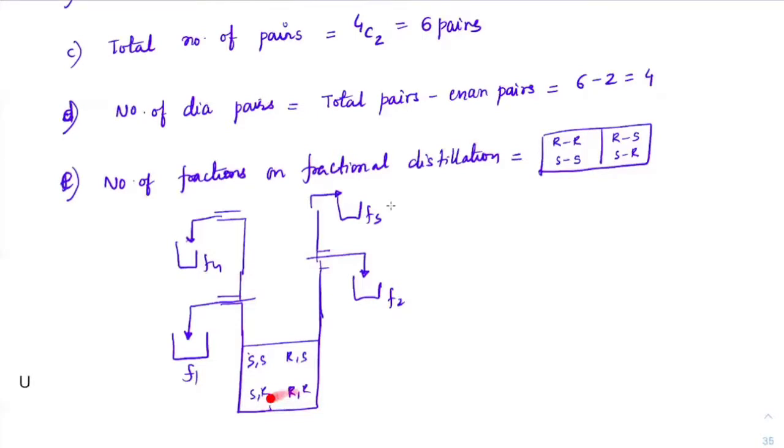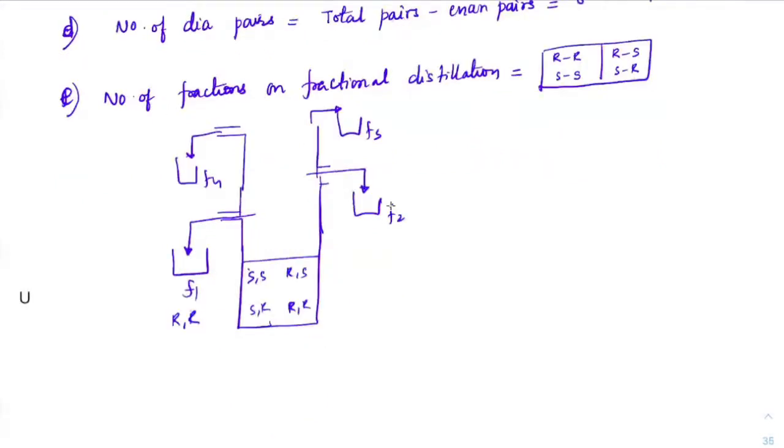Now after you heat it, what will come here? If RR is coming, SS will also come here only, na beta? Yes sir. And here, let's say RS is coming, then SR will also come here only, no?